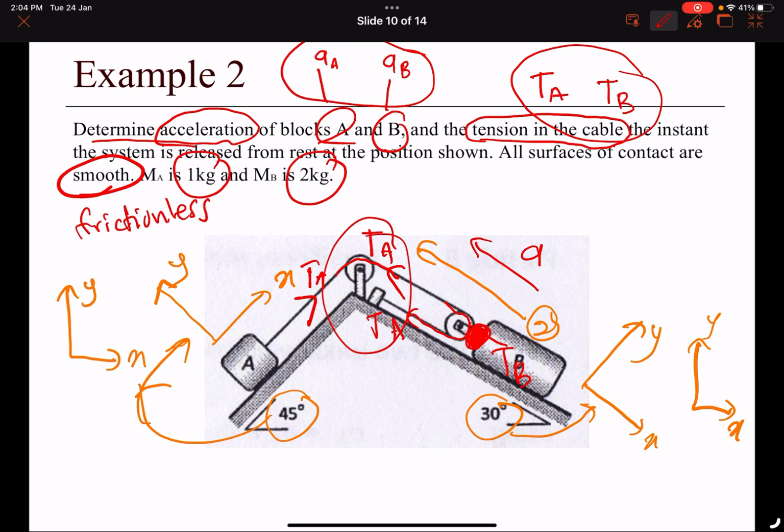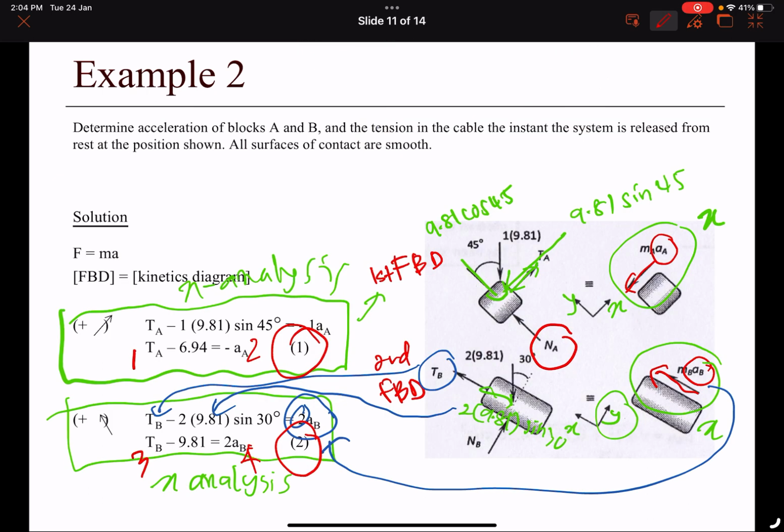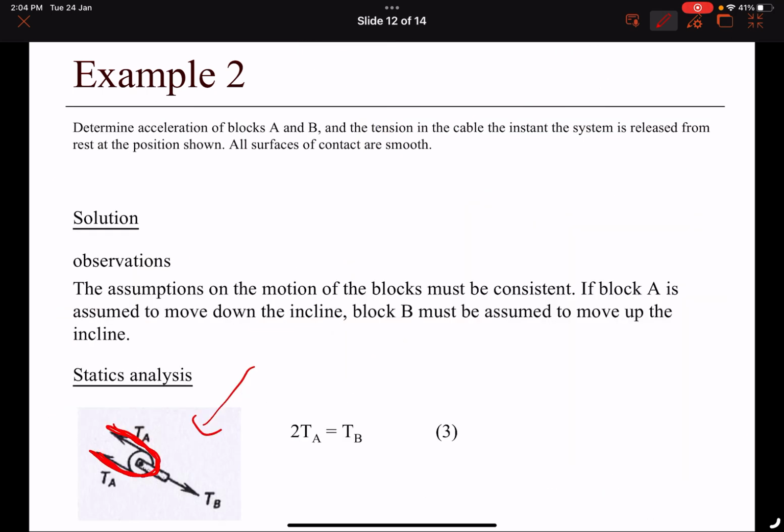At this point that I make a larger circle here, this one is reaction or action. So reaction should be tension here, tension for TB. So from here you will get another equation, which is equation number 3. So where is equation number 4? Equation number 4 is coming from the displacement.